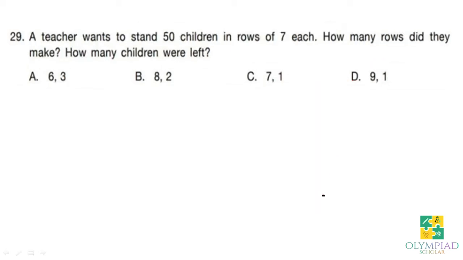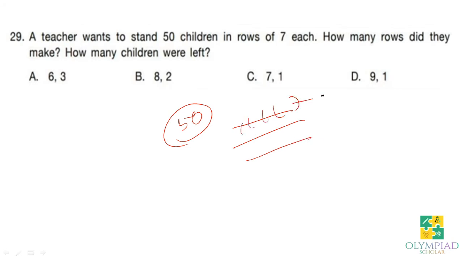Question 29: a teacher wants to stand 50 children in rows of 7 each. How many rows did they make and how many children were left? So the teacher wants 50 children to stand in rows of 7. There are a total of 50 children, and in each row there can be 7 children.